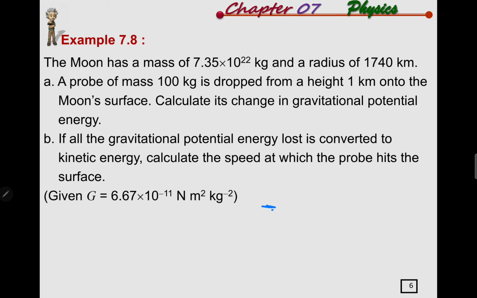Okay, next example, example 7.8. For 7.8, we have a moon, mass given 7.35 kg, and the radius given 1740 kilometer.